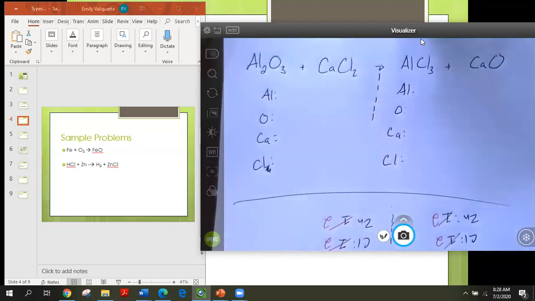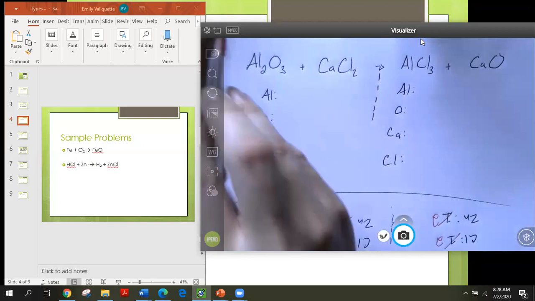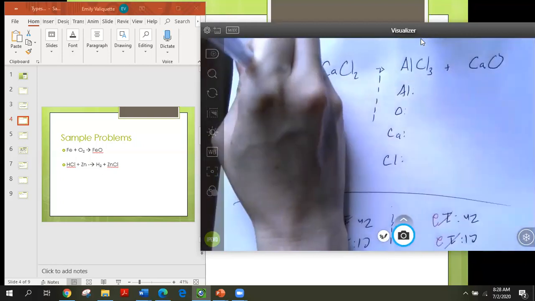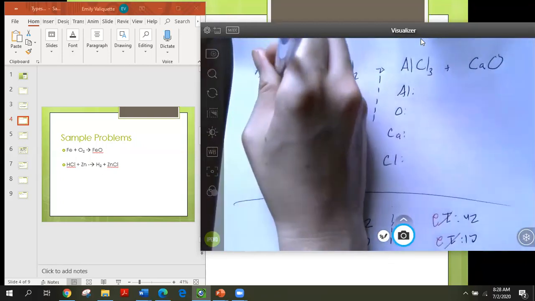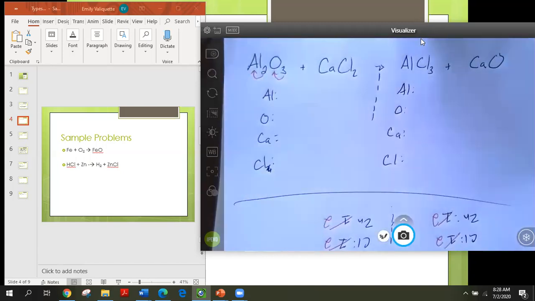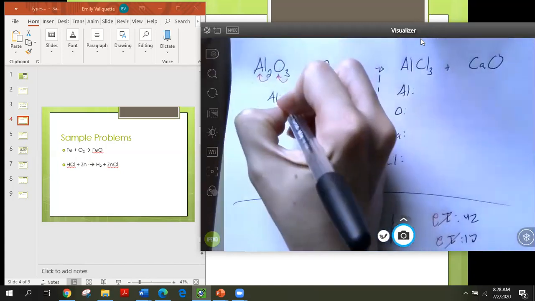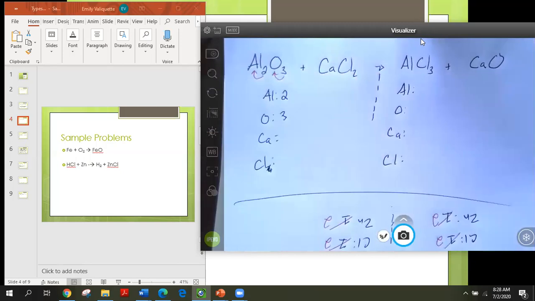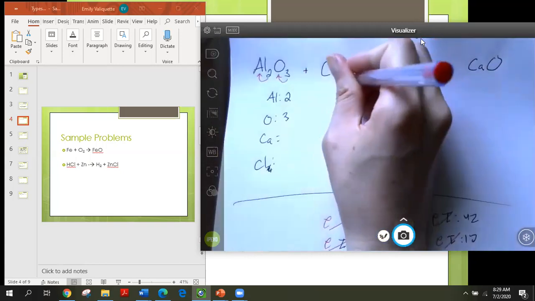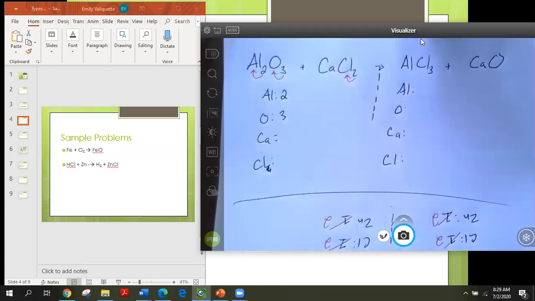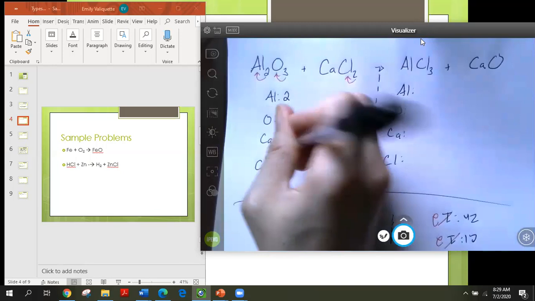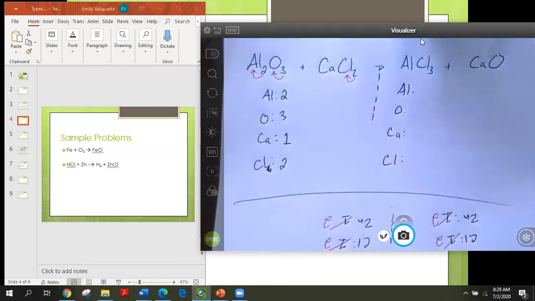So when you have a subscript like this, it only applies to whatever is directly in front of it. So that's telling me I have 2 aluminum and 3 oxygen in that aluminum oxide. And then in my calcium chloride, I have 1 calcium and 2 chlorine.